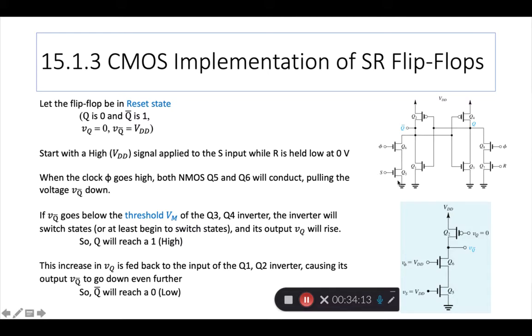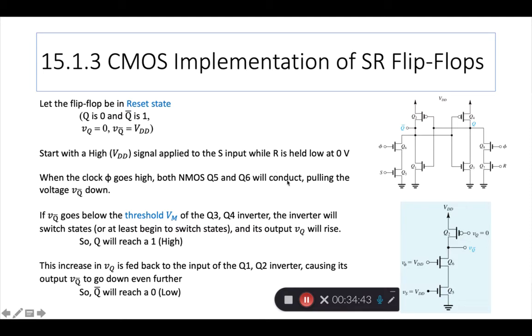And because on the source side you've connected them to ground, this acts like a pull-down network, and this output point here, which is Q bar, gets pulled to ground. So the high applied to S and phi is pulled down to ground, right?